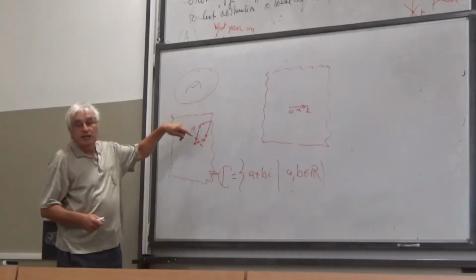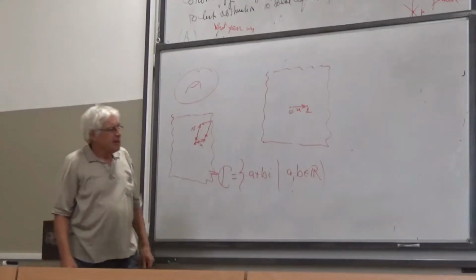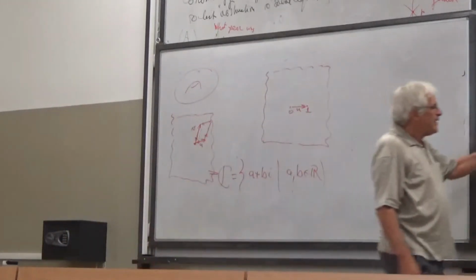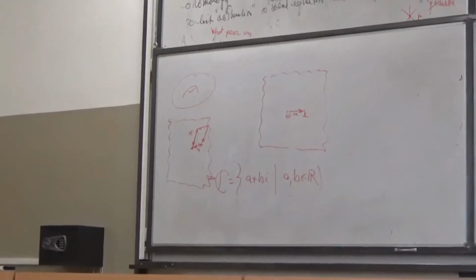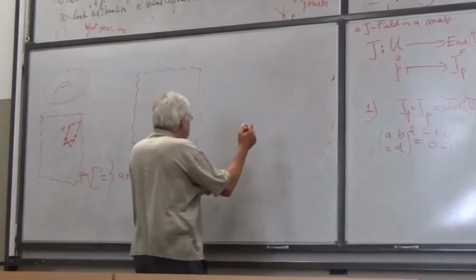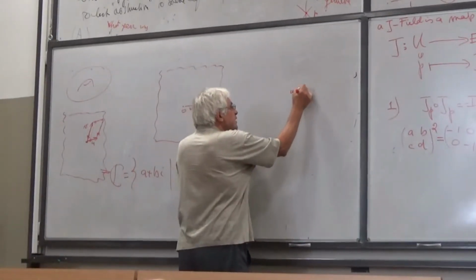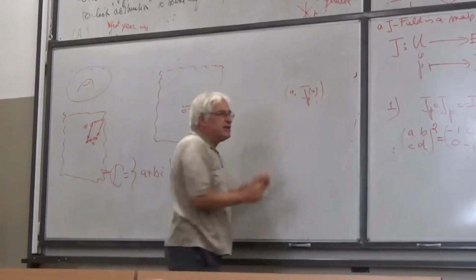Then the vector v is somewhere. But now we wish to have an oriented surface. And what we wish is that the two vectors u and j of u agree with the orientation.